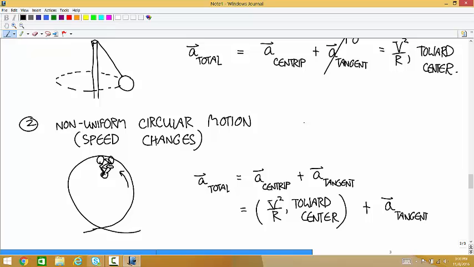So that's the difference here: when the speed doesn't change, we totally know how to specify the acceleration in terms of the speed and the radius of the circle. When the speed is changing, we know the centripetal acceleration in terms of the speed and the radius, but we also then have to add this tangential part to it. So it's a little more complicated.